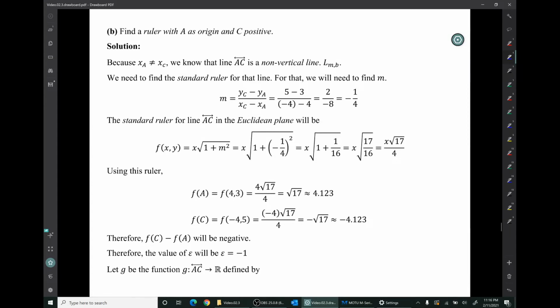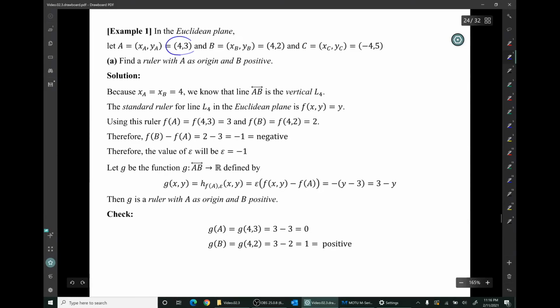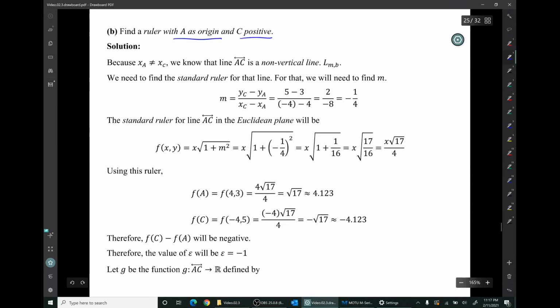Example 1, question B. Find a ruler with a as the origin and c positive. So remember, a is (4, 3). C is (-4, 5). Well, since those 2 points have different x coordinates, we know that this line, AC, is a non-vertical line. L subscript m, b.